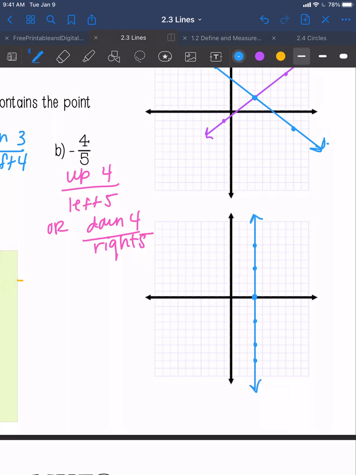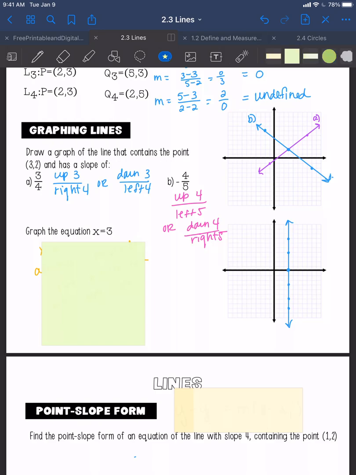So that is what the graph looks like. And if x equals some number a, that will always represent the x-intercept. So it's always going to be a vertical line, not 0 slope, with undefined slope.